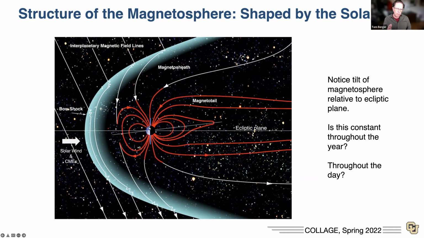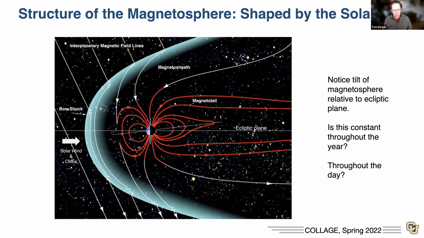But the magnetic field, as shown in the earlier slides, is tilted with respect to the rotation axis of the Earth. So the magnetic field of the Earth is actually kind of wobbling around the rotation axis during the day-night cycle. And so this entire structure is actually a 3D structure which wobbles on a 24-hour period.